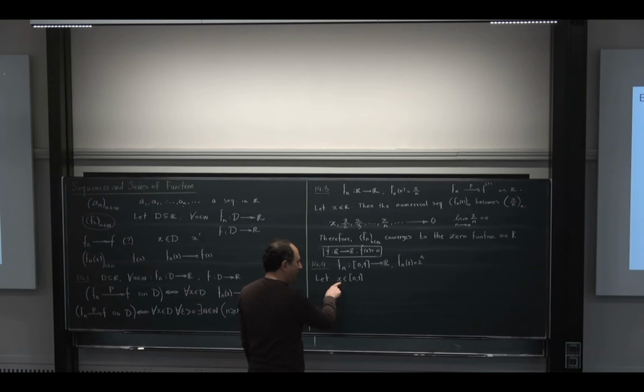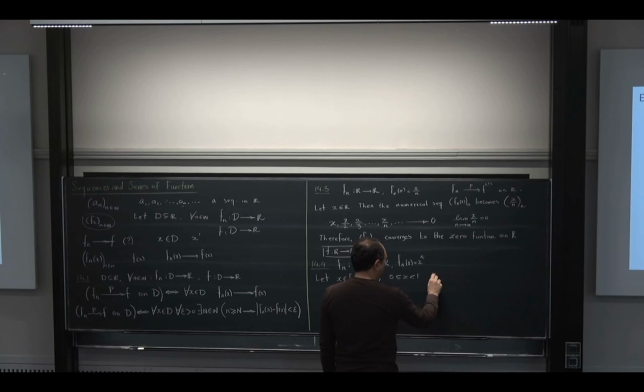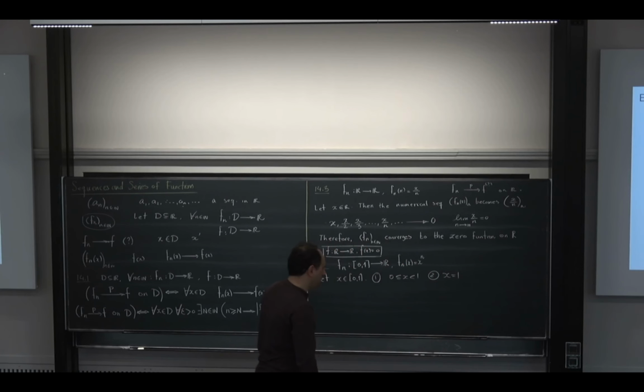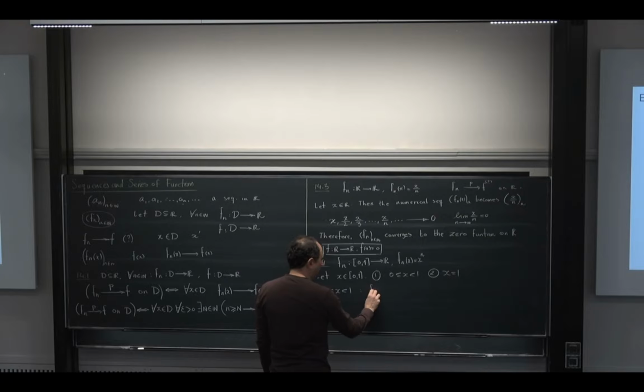So you understand that this is not a good idea. I would say let x belong to [0, 1]. We can consider two cases. Case 1, if x is between 0 and 1, 1 not included. Case 2, x equals 1. By this analysis, we understand that we have to do it in two ways. If x is between 0 and 1, then f sub n of x is x to power n.